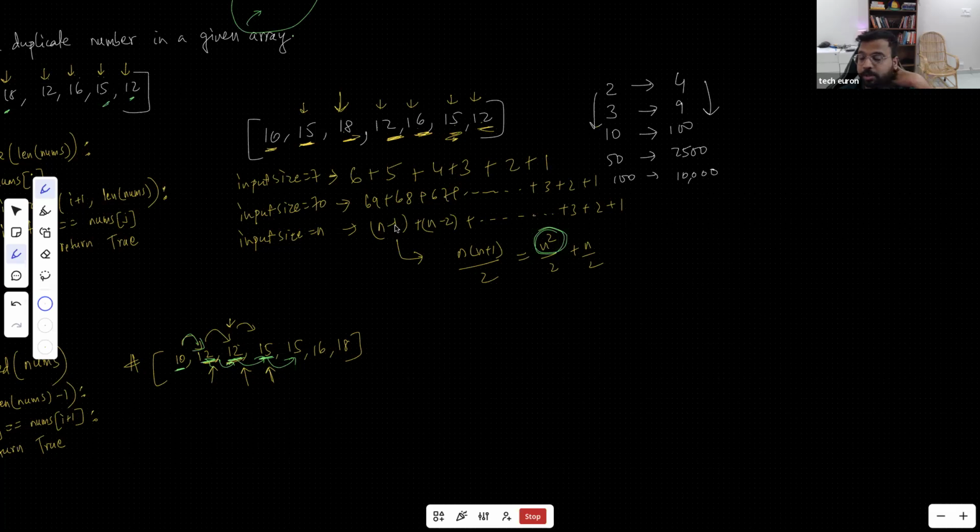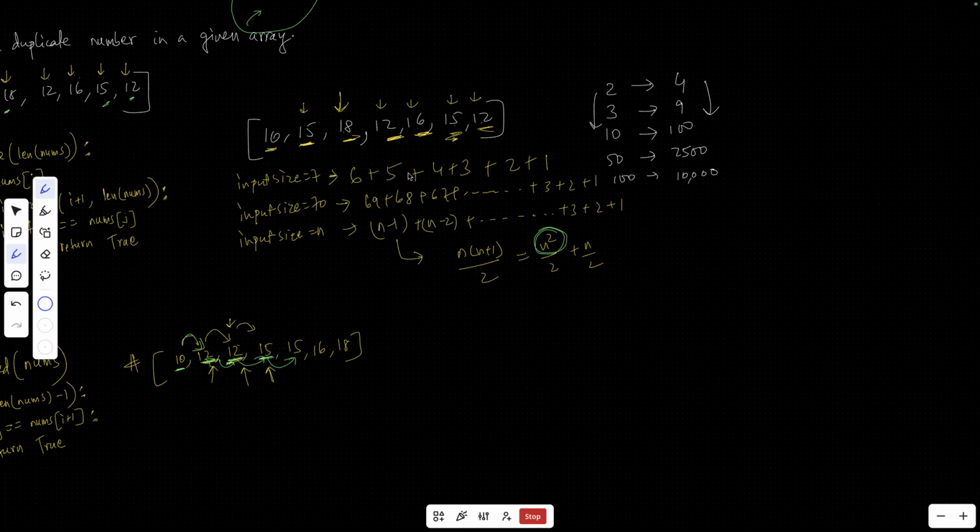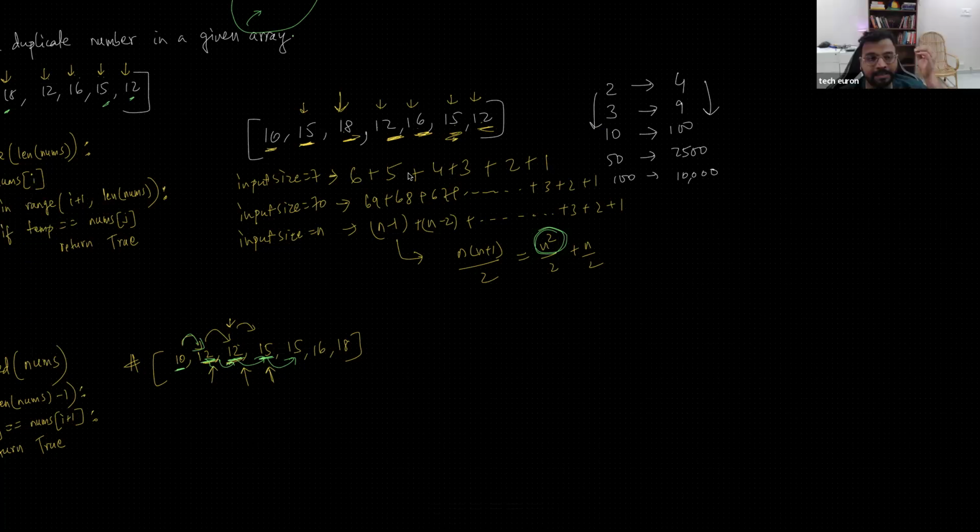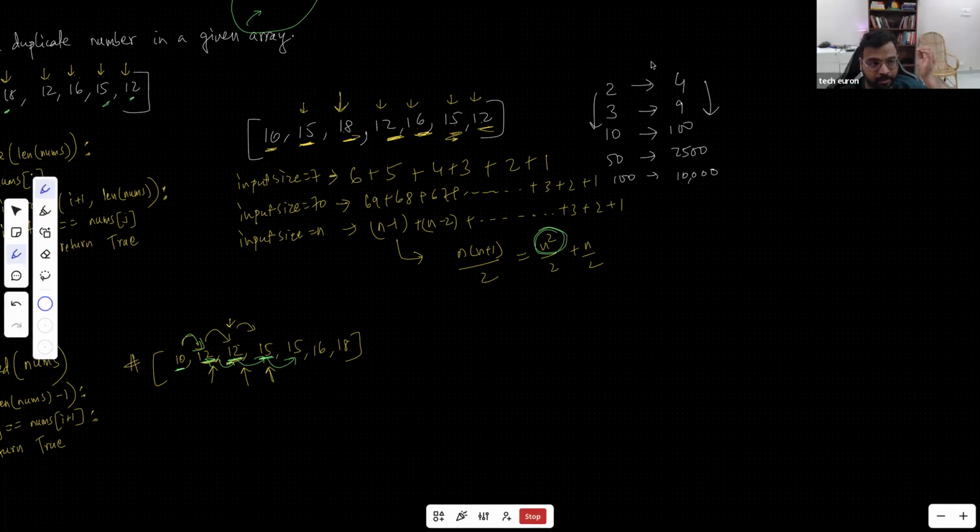So is this a good algorithm or a bad algorithm? That is a bad algorithm. Imagine that this is the money that you are paying for every operation. Suppose for every operation you have to pay 1 rupee.